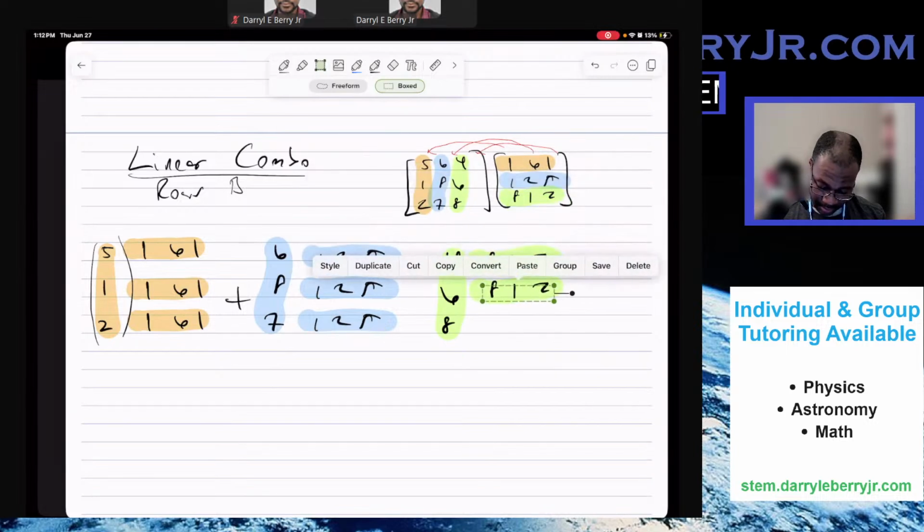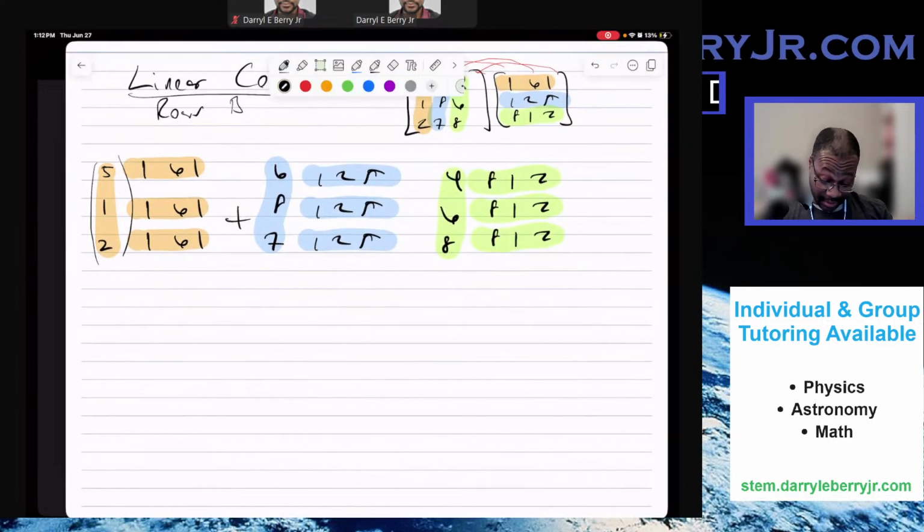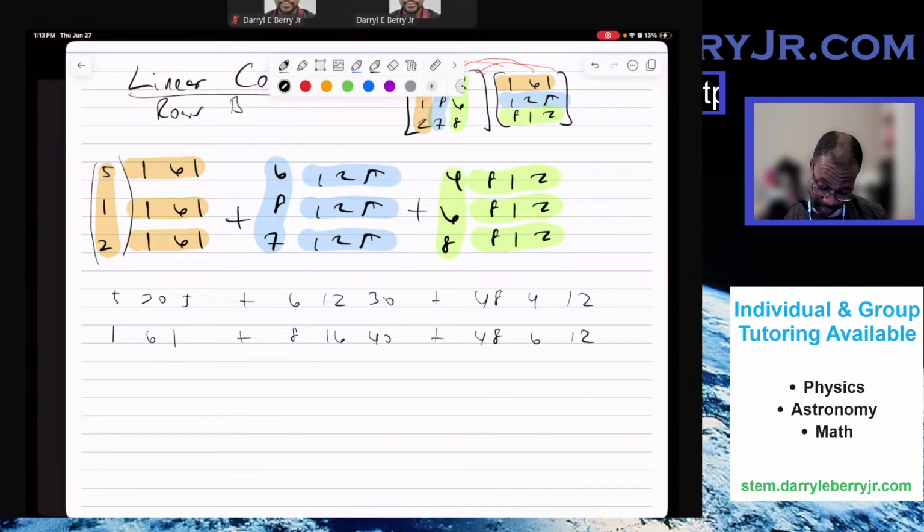So this is the proper format, right? So now let's see what we get. We have 5 times 35 plus 6, 12, 30 plus 48, 4, 12, and 161 plus 8, 16, 40 plus 48, 6, 12, and 2, 12, 2 plus 7, 14, 35 plus 64, 8, 16.